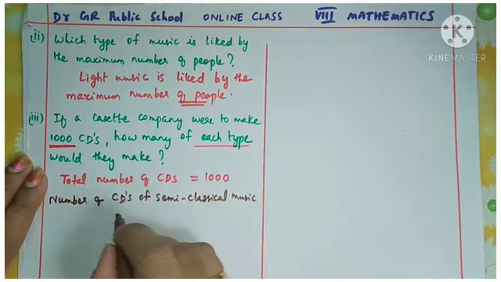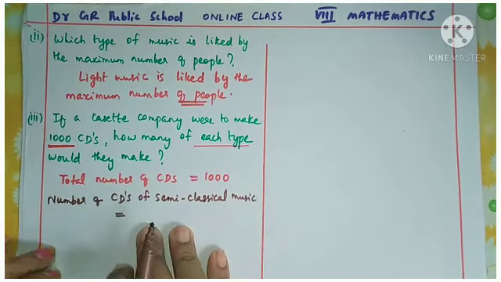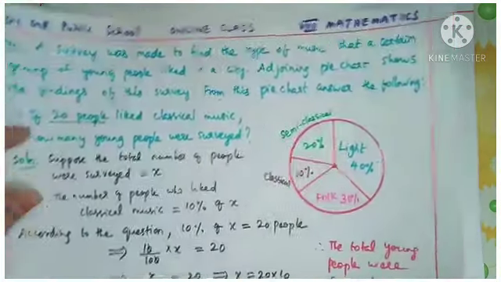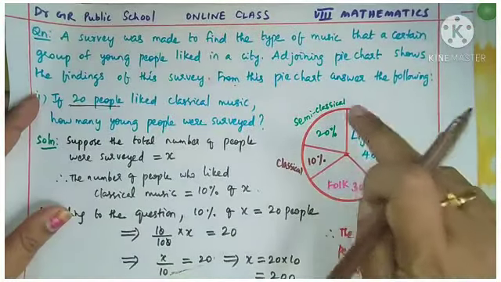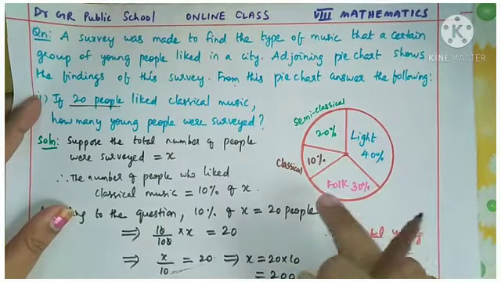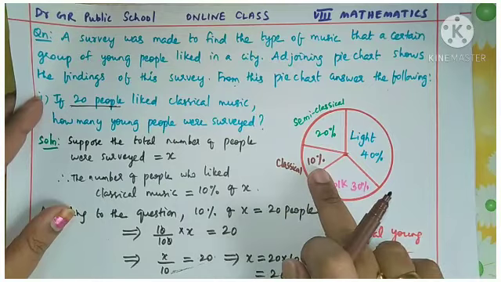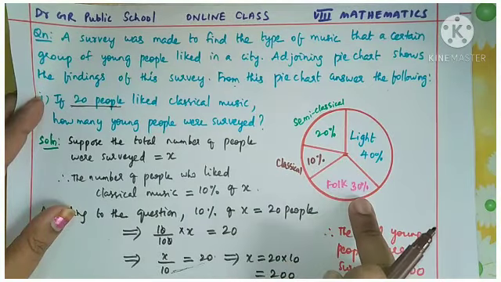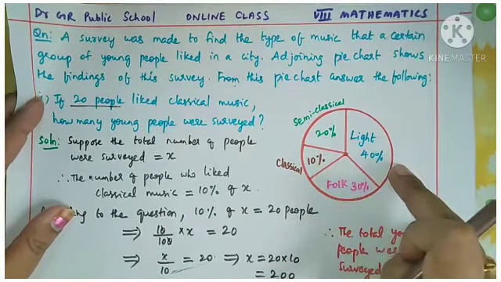What is the percentage of semi-classical music, children? It is 20%. One by one we are going to find out: classical 10%, folk 30%, light music 40%.